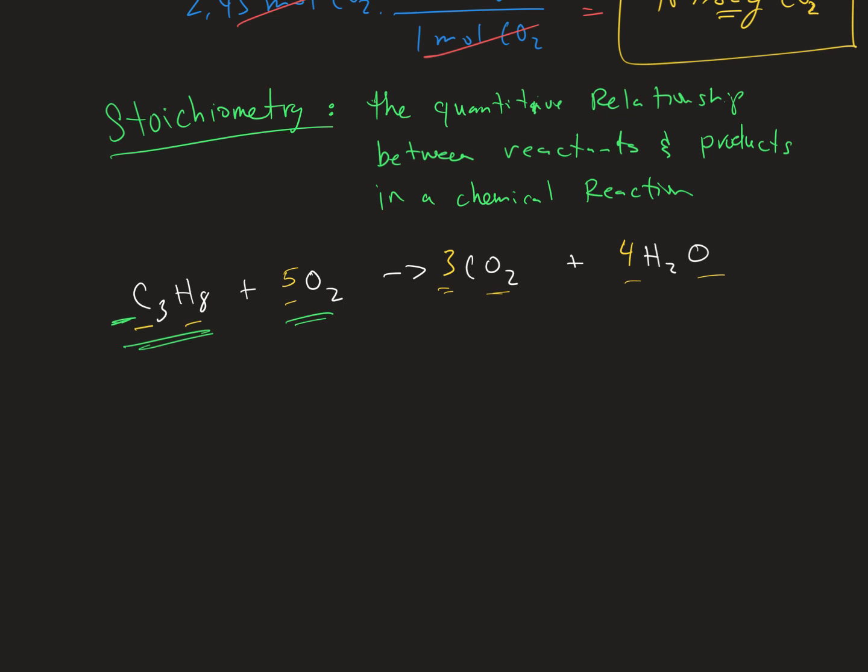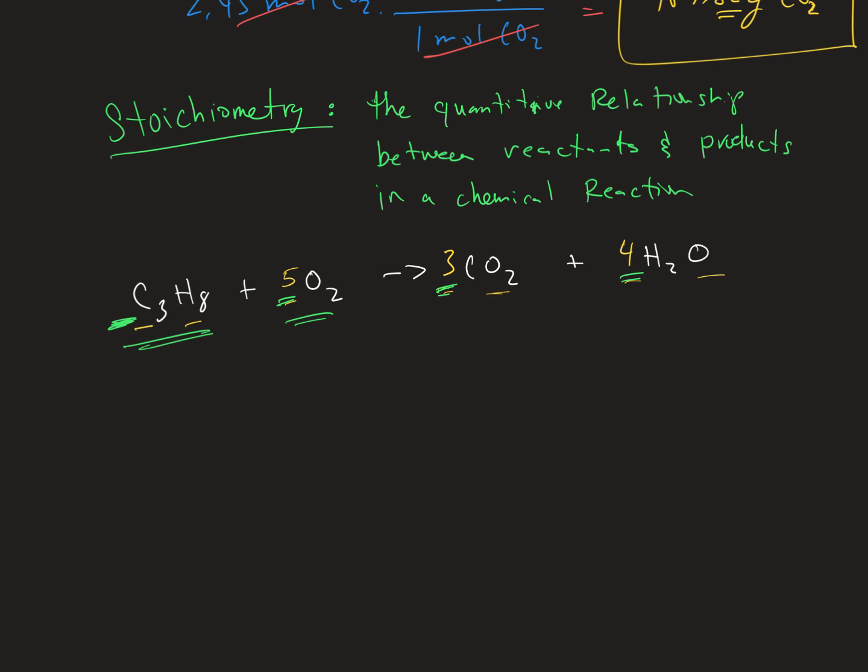Can you guys make Oreo cookies by just looking at the ingredients on the Oreo package? If you can, you're good, right? Okay. But eventually people get it. They trial and error until they get it, right? But better than an ingredient list is a recipe. A balanced equation is a recipe. This tells us for every 1 mole of this, we need 5 moles of this. And we will get 3 moles of carbon dioxide, and we'll get 4 moles of water.